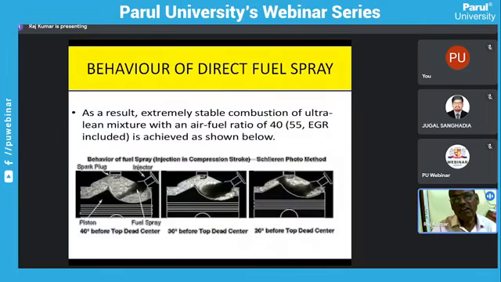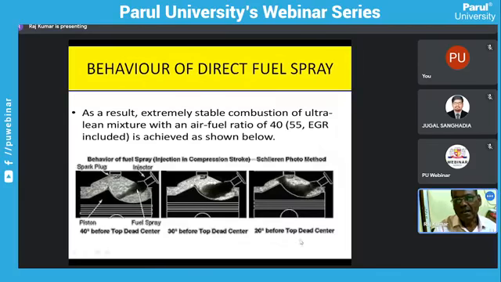This is the behavior of direct fuel spray, where we can see the fuel directly sprayed into the combustion chamber and at what time it is sprayed. If it is sprayed at 40 degrees before TDC, this will be the spray formation.